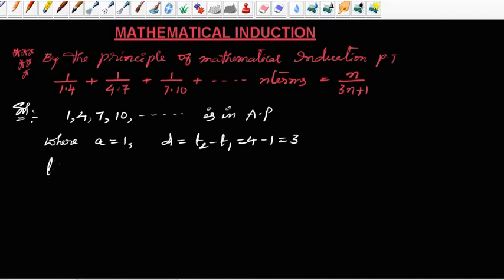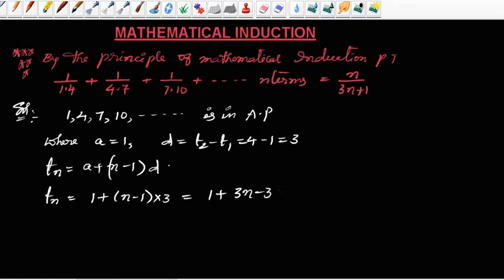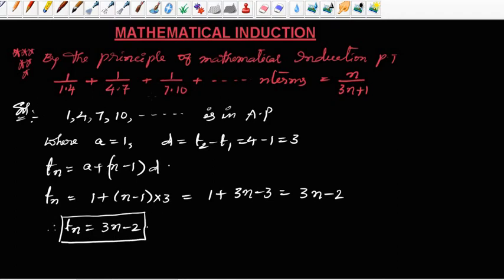The general term formula is Tn is equal to A plus n minus 1 into D. So put A as 1 and D as 3: 1 plus 3n minus 3, that is 3n minus 2. So the general term is Tn is equal to 3n minus 2. This is the nth term of the first factor.